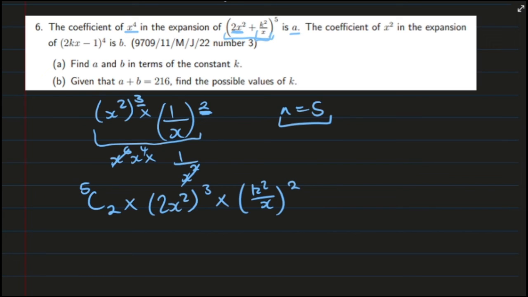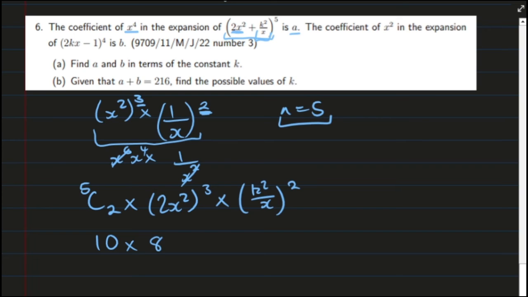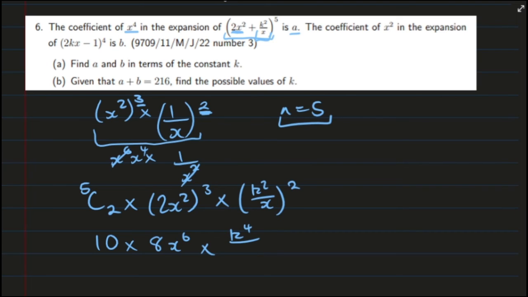Okay, and then 5 choose 2, if you substitute into your calculator, that's 10 times 2 cubed, which is 8, and that's x to the power 6 times, square the numerator, which is k squared, so that will become k to the power 4, and our denominator is x squared, and we've established that these cancel to give x to the power 4.